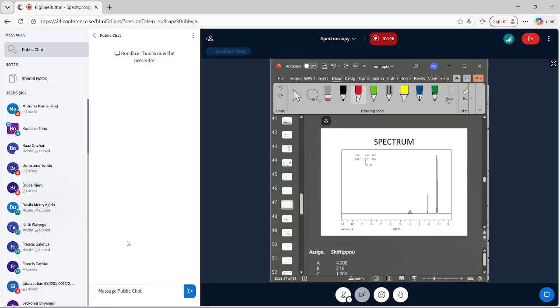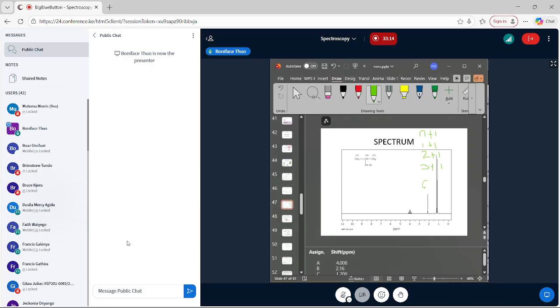So if you look at that, if you take n to be the number of protons that are splitting or that are coupled to a peak, then you expect to get n plus 1 subpeaks. When you have 2, then you get 3 subpeaks. When you have 3, you get 4.